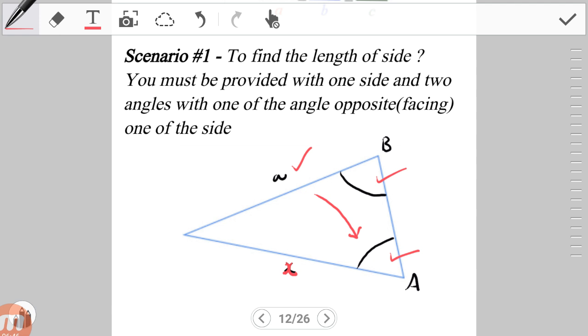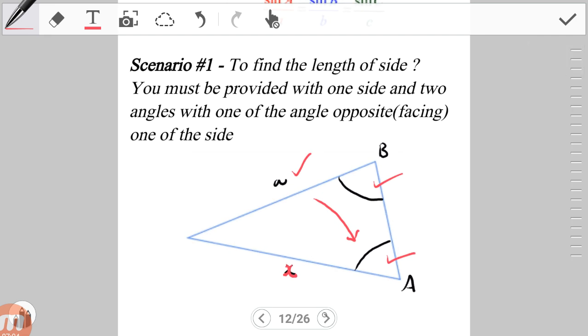So to simply find a length, we must be given two angles, but one of the two angles provided must be facing the side that we are provided with. So hopefully that makes sense to you.